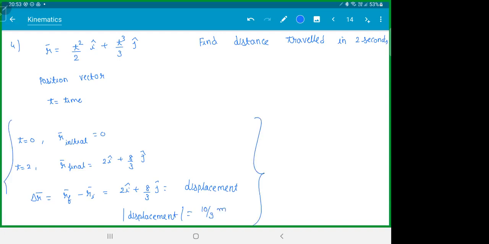This is wrong. This is not distance. If they ask you to find displacement, you could have done this and you would have been right. How do you proceed from here?